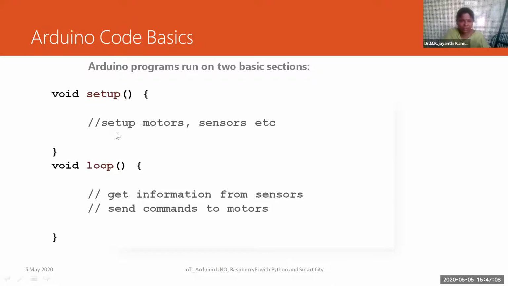The sensor configuration and the setup configuration will be mentioned in the setup function. The same way, using the loop function, we get information from sensors and send commands to motors. The loop function will be executed, repeated a number of times based on the conditions written in it.